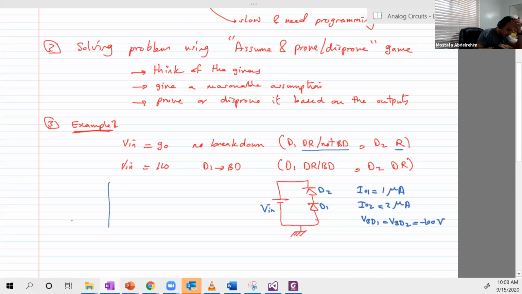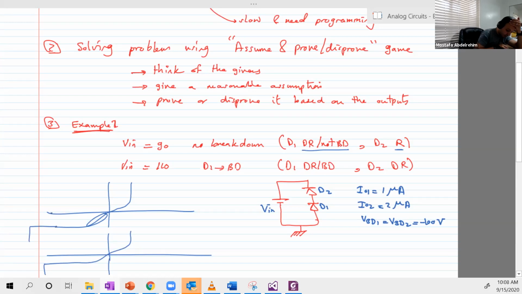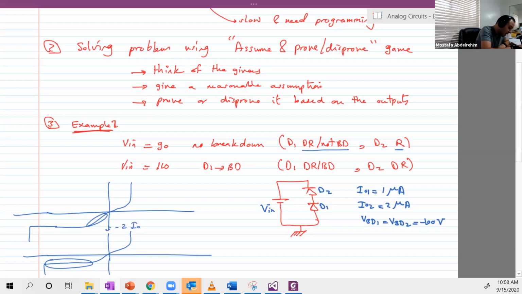Basically, we find that D1 is working somewhere here, and D2 was working somewhere here in that region. Okay. And that's basically very logical, because D2 can have up to -2 microamps.